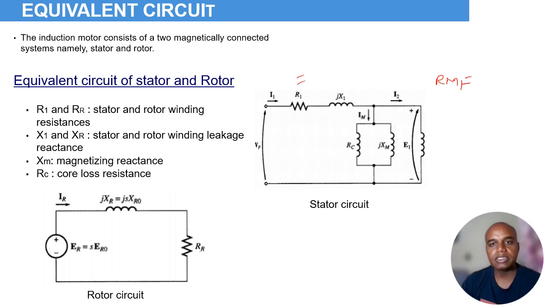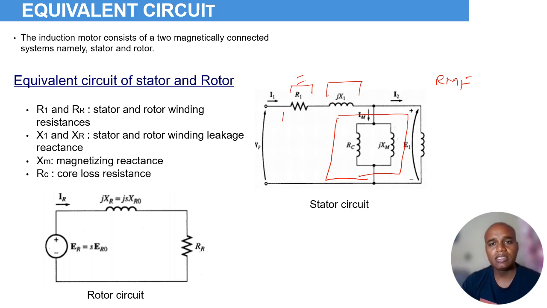R1 is the per phase resistance of one phase winding in the stator. Similarly, the reactance of it is shown by X1. This parallel circuit represents the phenomenon which is used to create the electromagnetic flux.